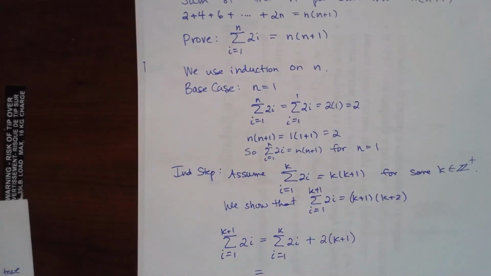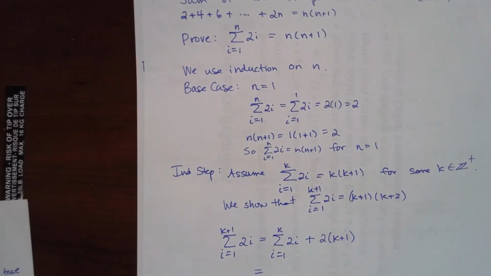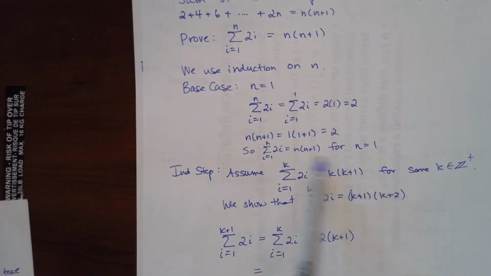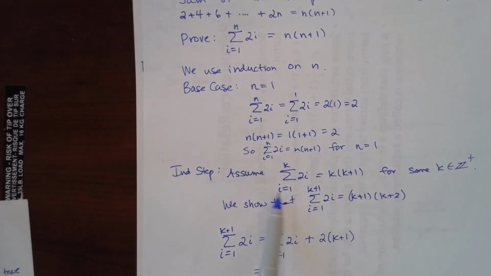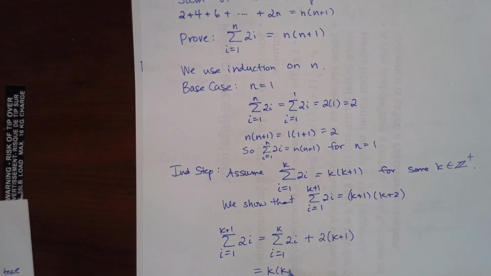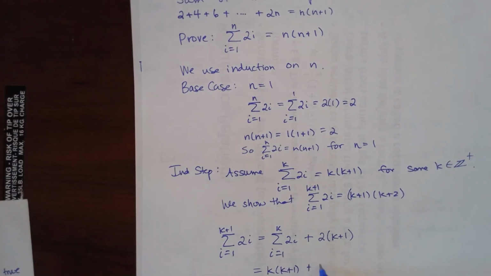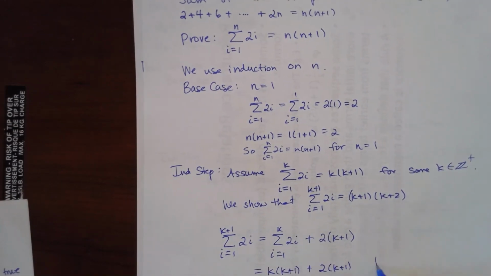All right. And so the whole reason that we wrote it this way is because now I can use this inductive hypothesis. So this and this are exactly the same, so I can replace this summation with k times k plus 1 by the inductive hypothesis.